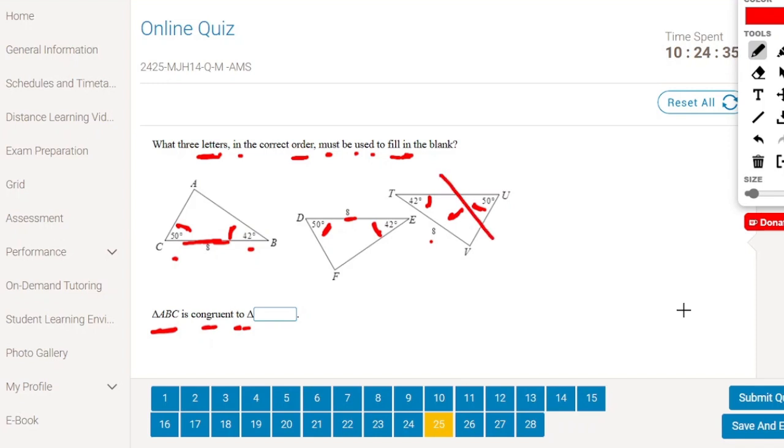That means this triangle is not congruent to ABC.